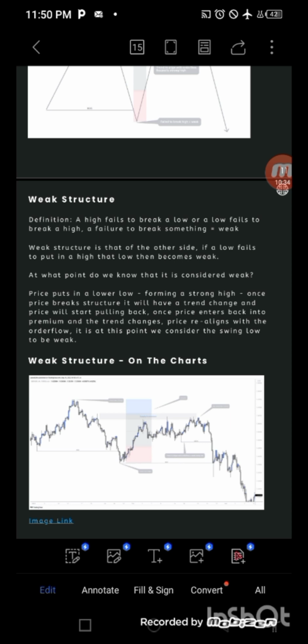At what point do we know what is considered weak? Price puts in a lower low, forming a strong high. Once price breaks structure, it will have a trend change and price will start pulling back. Once the price enters back into the premium and the trend changes, price will align with the other flow. It is at that point we consider the swing low to be weak.